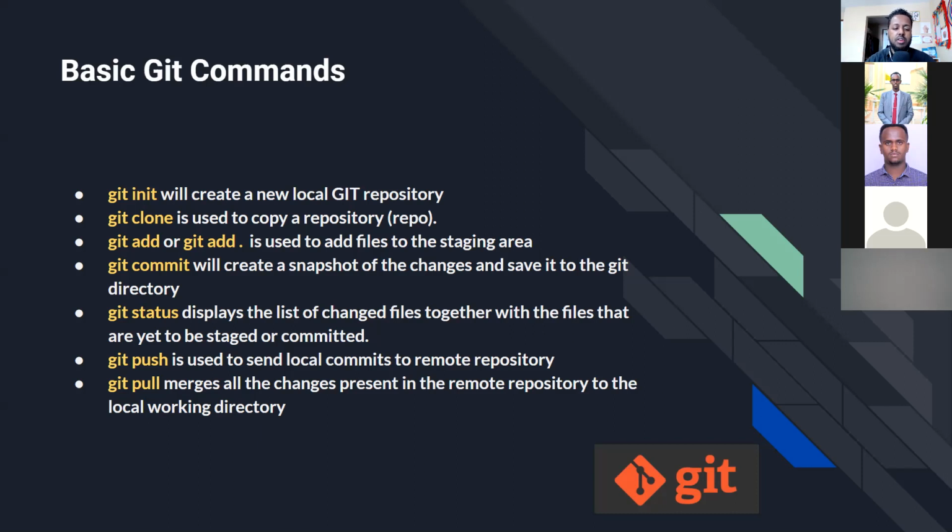But this one is a little bit different than clone. This one is for when you already have a repository set up on your computer that's exactly the same as the one in the cloud, the one in GitHub. So you're basically saying, okay, pull the changes for me, grab me the changes from the remote repository or remote folder.